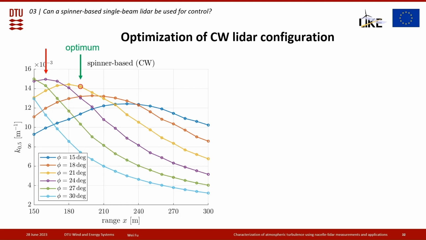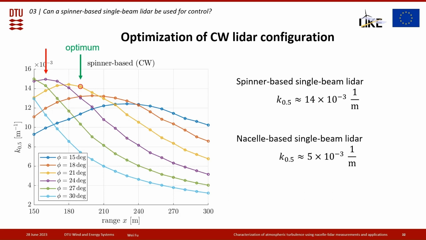The highest point is actually at 24 meters with a larger opening angle and a closer range. However, this configuration is not useful or applicable in our case because the LiDAR measures too close to the rotor, so the controller doesn't have enough time to react to the wind disturbance.